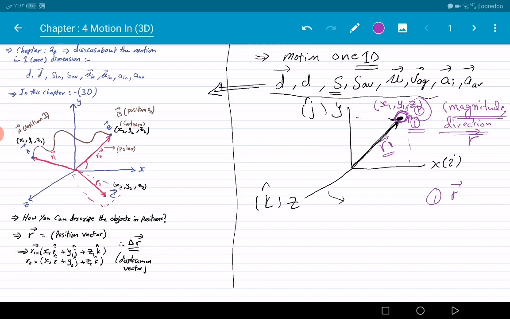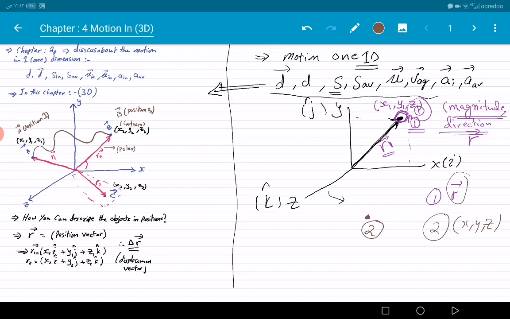If this object moves, for example, to this point, point 2, the same two rules apply: first polar, second Cartesian, x, y, z.